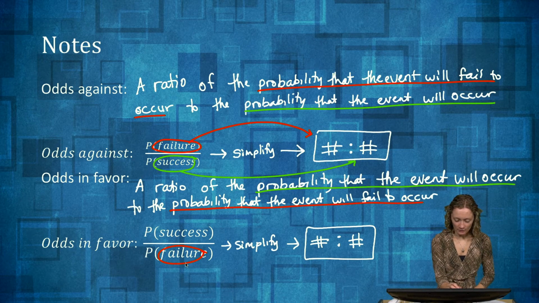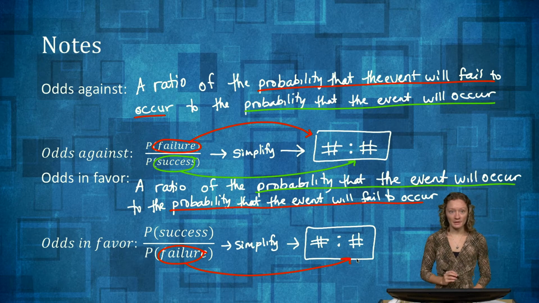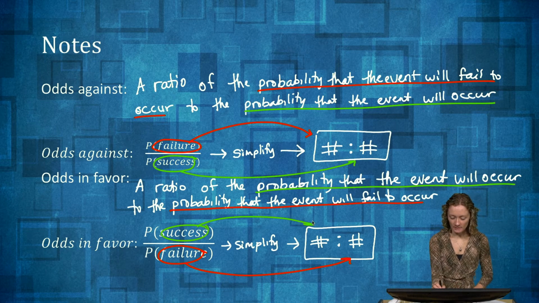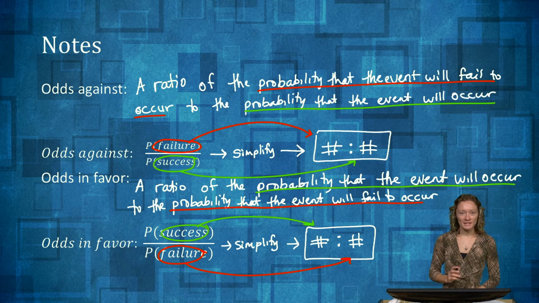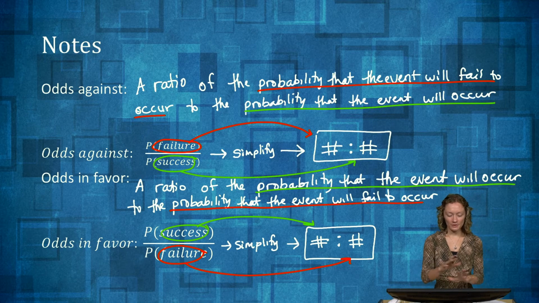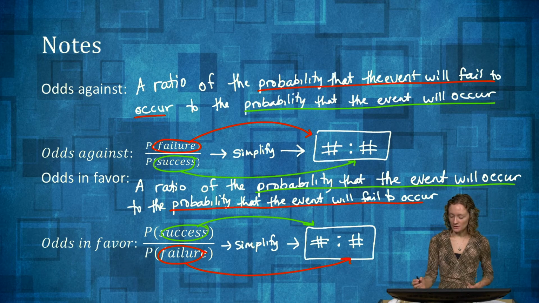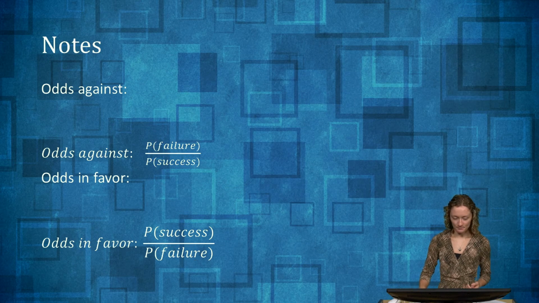And again, failure this time is the second number. It's on the bottom, so it's second. And success on top, so it'll be the first number. I feel like it looks a lot more complex here than it actually is, but these are the formal definitions and the formal process of what it looks like. So let's go ahead and look at an example of these.